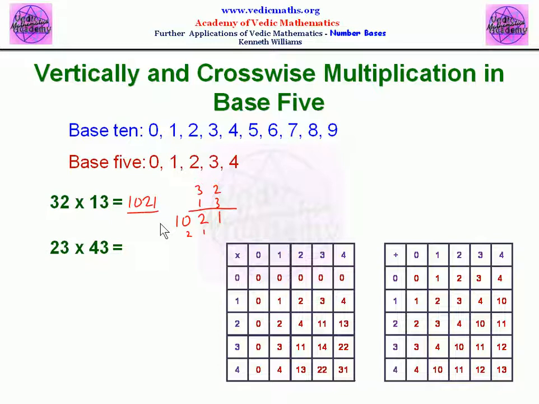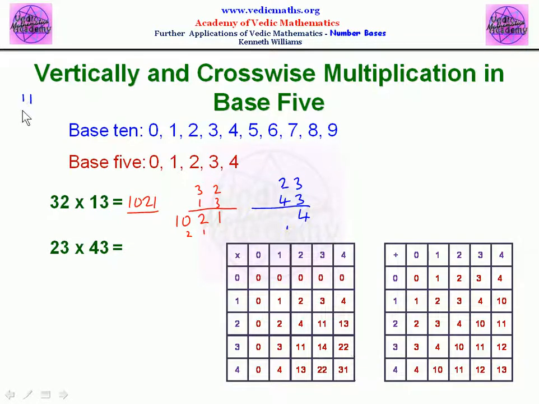23 times 43. We begin with 3 times 3, which is 14. Put down 4, carry 1. Crosswise, we have 2 times 3, which is 11. I'm going to write this on one side. 2 times 3 is 11, and 3 times 4 is 22.